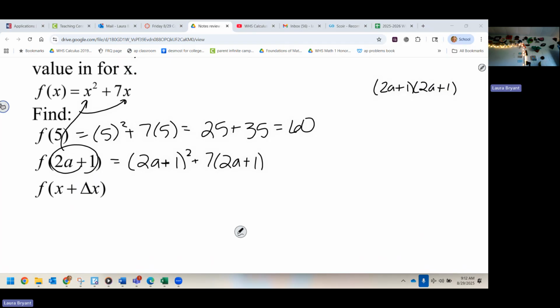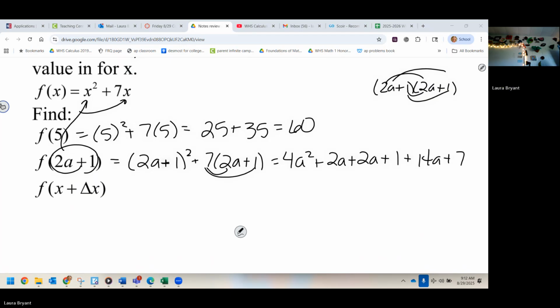Because of that plus, you have to write what squared is, which is the thing times itself, and then FOIL it like this. So this will be 4a squared plus 2a plus 2a plus 1. Then I can distribute the 7 and get 14a plus 7. And then combine all the like terms. So 4a squared plus 4a plus 14a, which would be 18a, plus 8.